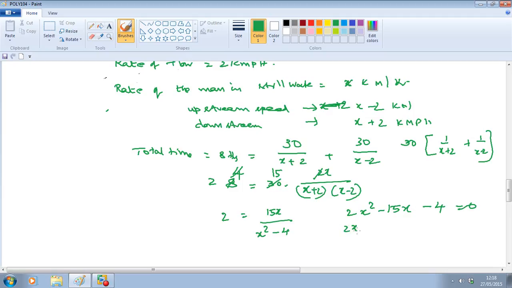Now we take 2x multiplied by x minus 8. Now 2x square comes, this is minus 16x. Here we can add 1x, plus x minus 4.